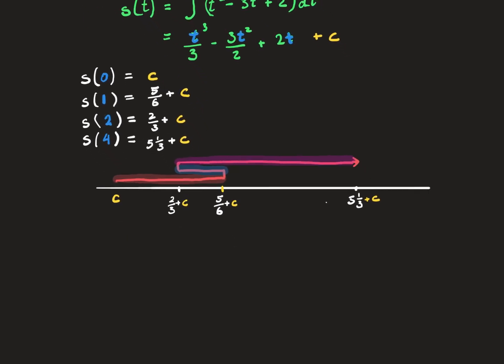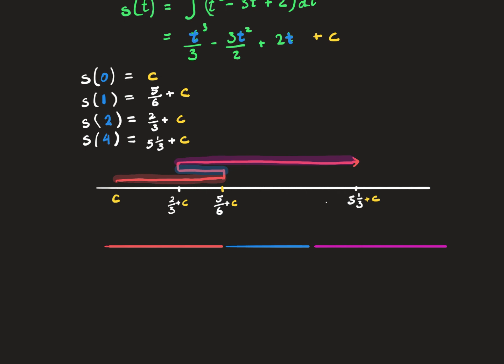So all in all, we've got 3 sections: a red section, a blue section going backwards, and the last section. We need to calculate those distances, and you will see how the constant c disappears in each case.